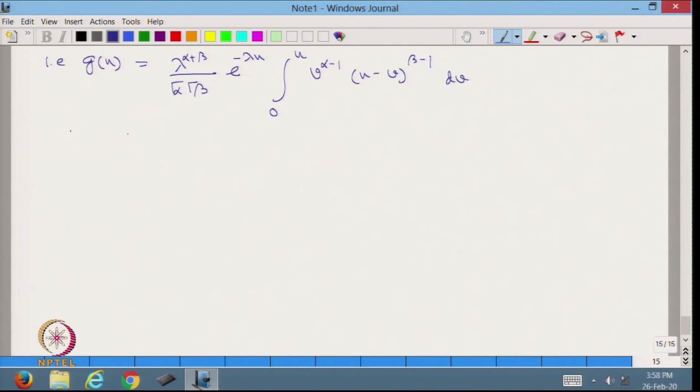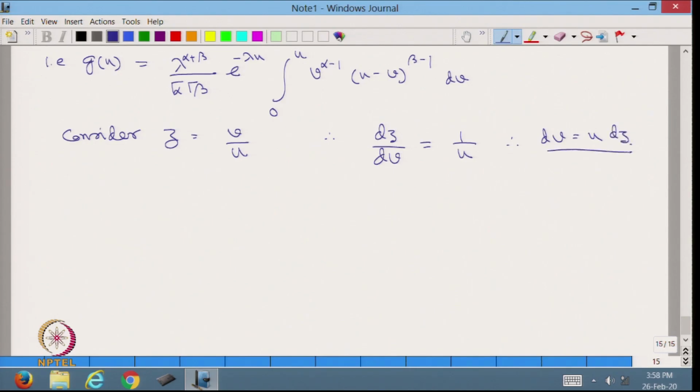dv. Consider z is equal to v by u. Therefore, dz/dv is equal to 1 upon u. Therefore, dv is equal to u dz.